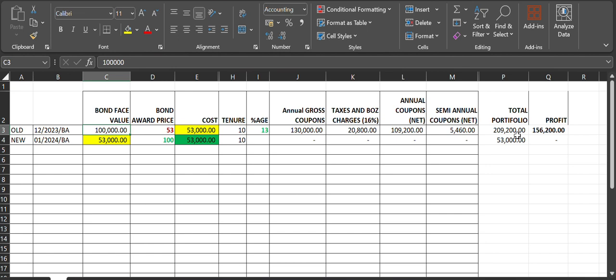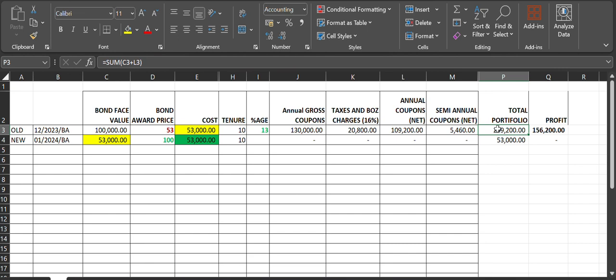So your total portfolio, which is the summation of the coupons that you would get every 6 months for 10 years, plus the 100,000 kwacha bond face value, would be 209,200. So in short, you invest 53,000 kwacha, and over the next 10 years, you are assured of 209,200.